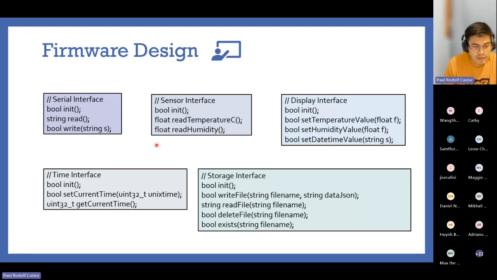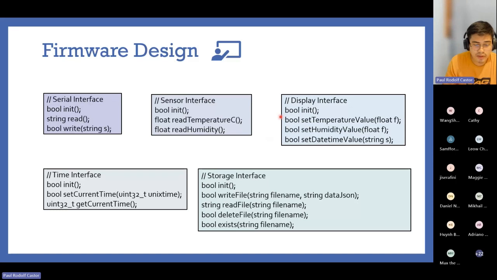Then the second one is the sensor interface, which also has bool init, and the float read temperature C, which is the temperature in degrees Celsius, as well as float read humidity. And for the temperature, you can specify whether you want it in degrees Celsius, Fahrenheit, or Kelvin, perhaps.